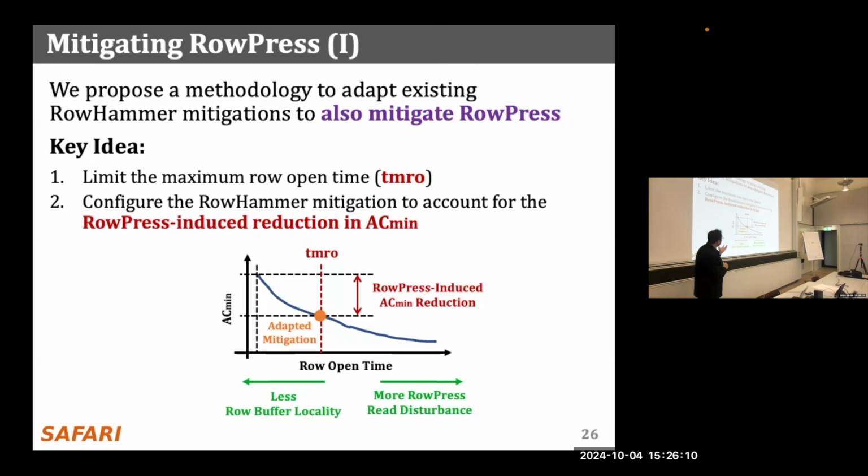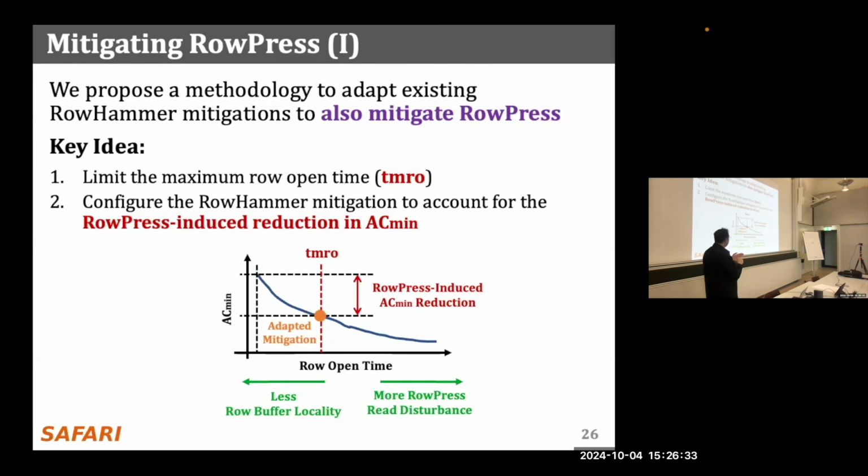You can also think of it the other way around. Instead of reducing the threshold, effectively you can do the same thing: if you observe that a row is staying active for a longer time in the memory access pattern, you can just keep incrementing the activation counts as well, right?